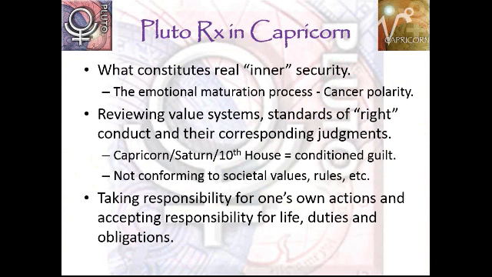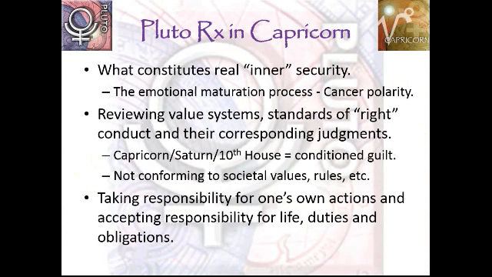Cancer represents the emotional maturation process. So when Pluto's retrograde, the outer world doesn't work. We're thrown inward upon ourselves, and we've got to relate to ourselves on an emotional level. We've got to take responsibility for ourselves emotionally. We've got to find inner security because the outer world doesn't work somehow.